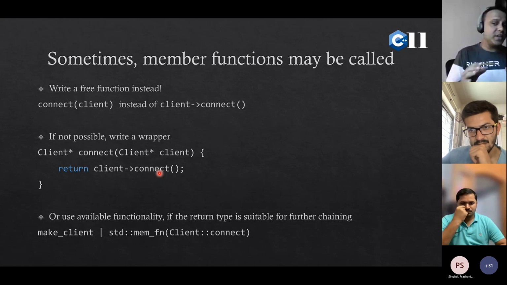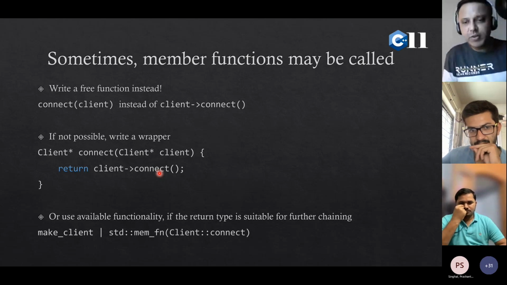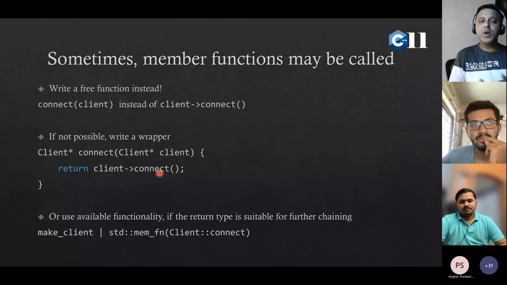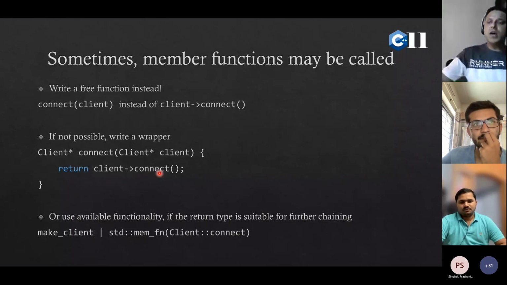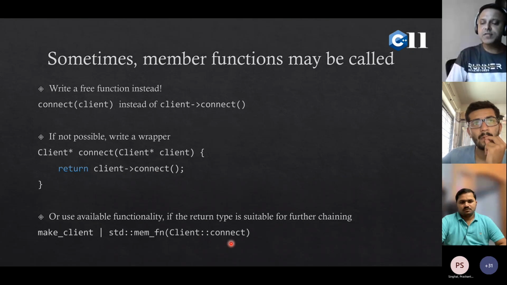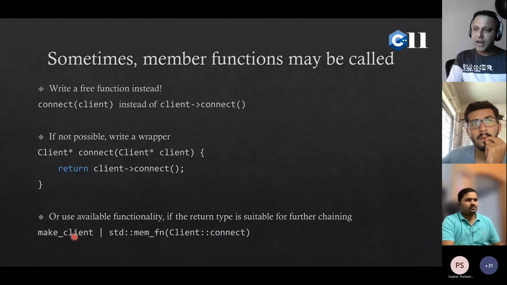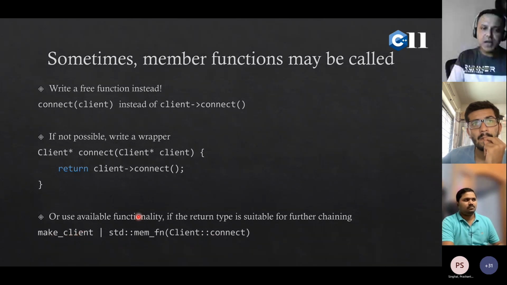In case the member function did not return exactly what you wanted to pass down to the next function, then this may not be an option. If that's exactly what you need to pass down to the next level in the chain, perfect, just use the standard facility.